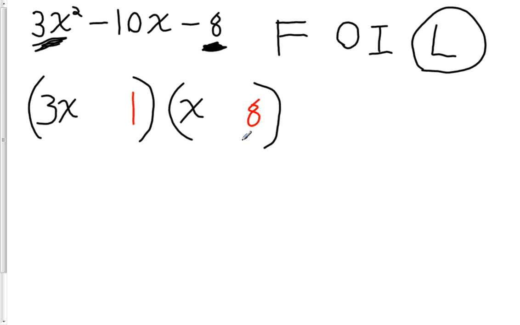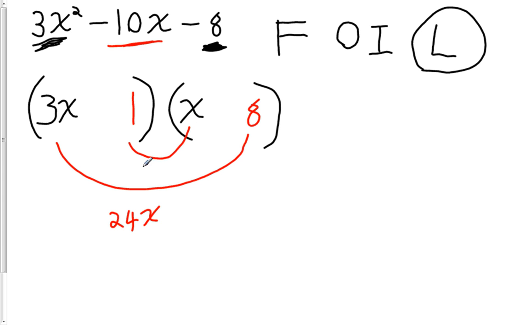But remember, this middle term, negative 10x, has to come from adding the outside product, which is going to be 24x, and the inside part, which is going to be 1x, from FOIL. And I don't see any way of adding 24 and 1 to get 10. So therefore, the 1 and the 8 do not work in this order.